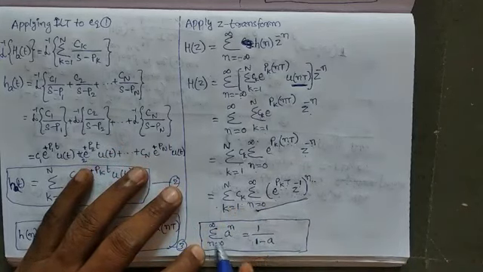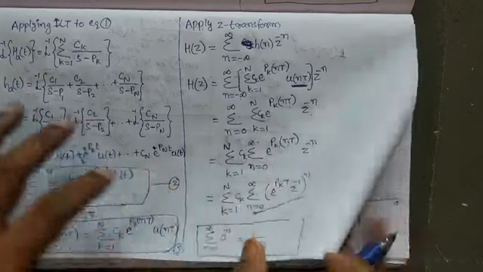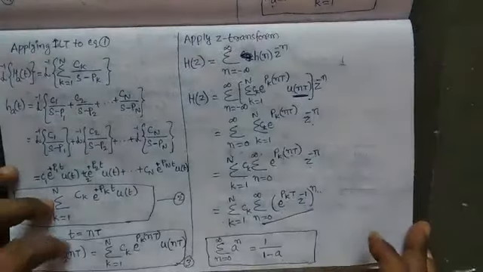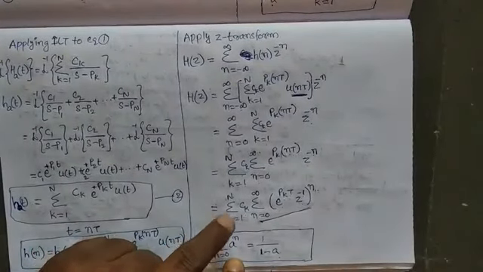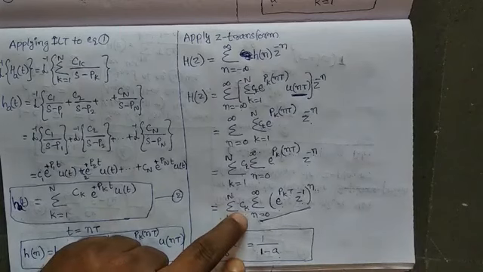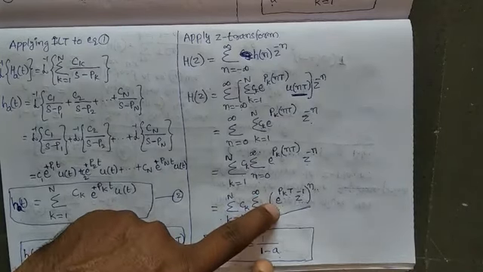Summation n equal to 0 to infinity a power n is equal to 1 by 1 minus a. So the equation becomes summation k equal to 1 to capital N ck into 1 by 1 minus a, where the value of a is e power pkT z power minus 1.